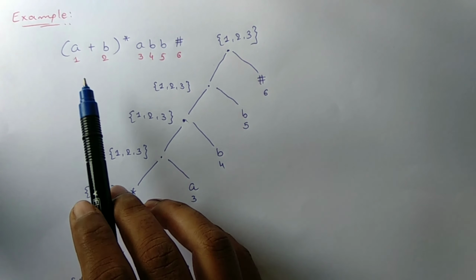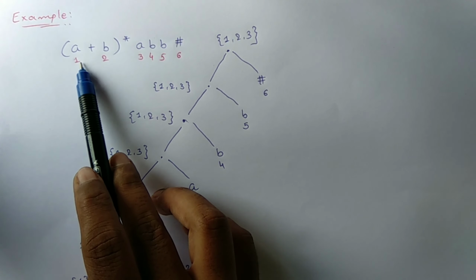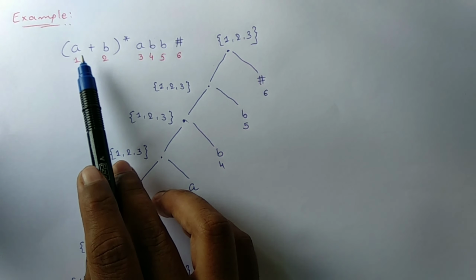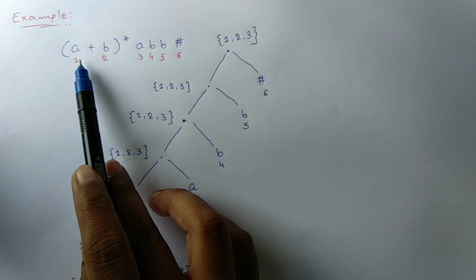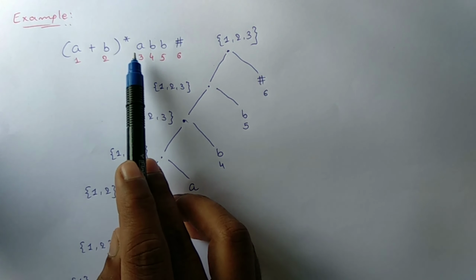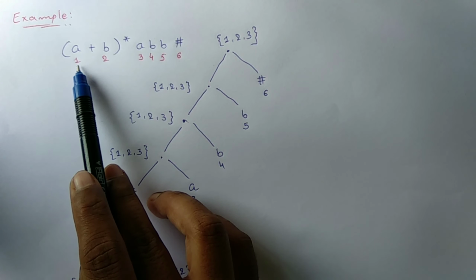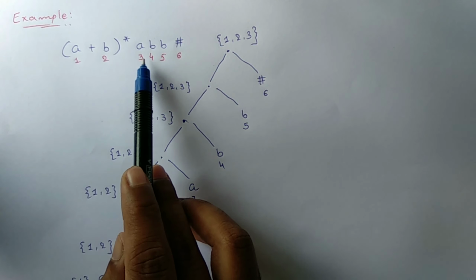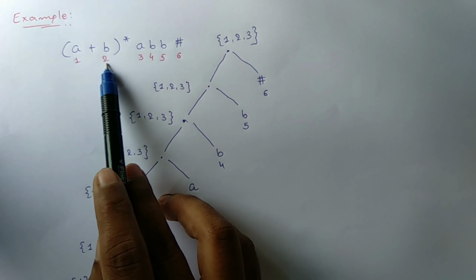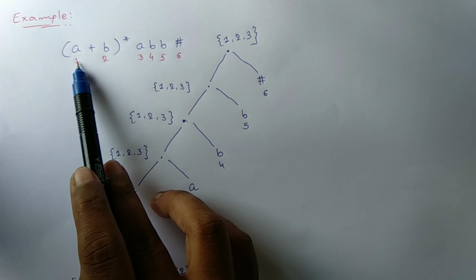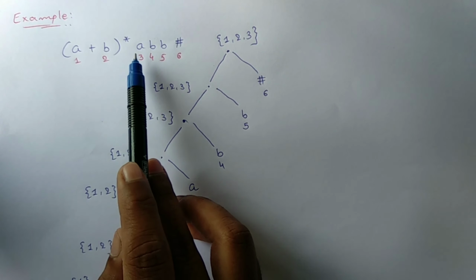For follow position of 1, it may be followed by either 1 or 2 or 3. So follow position of 1 will be 1 2 3. Same as follow position of 2, which is followed by 1 or 2 or 3.